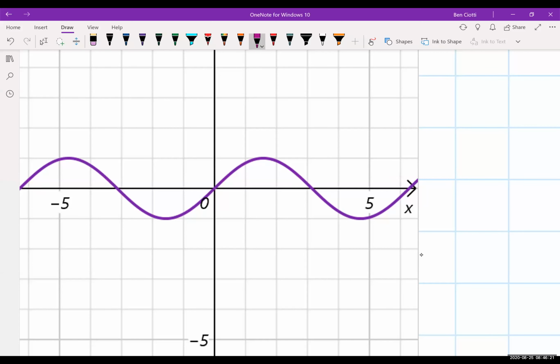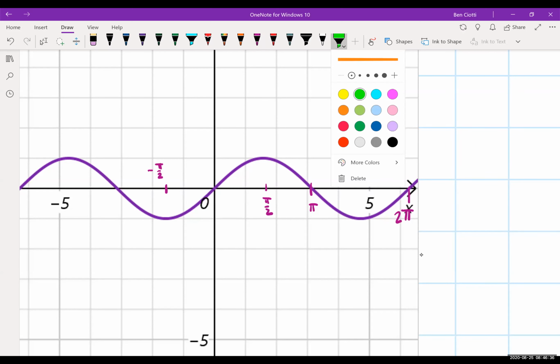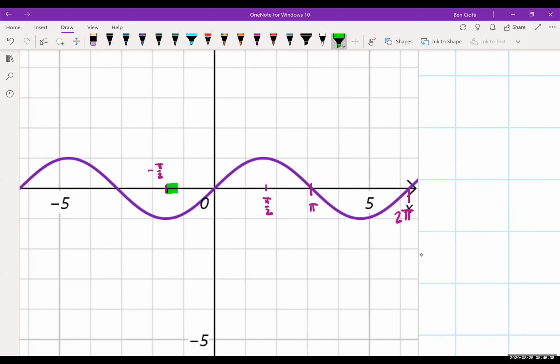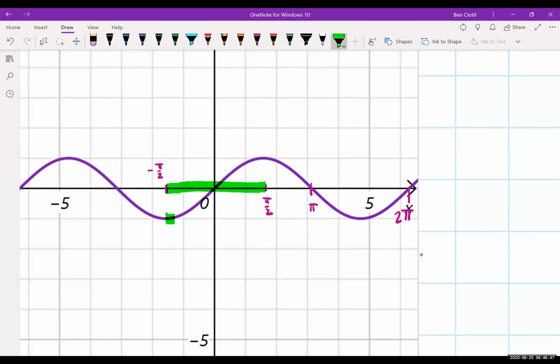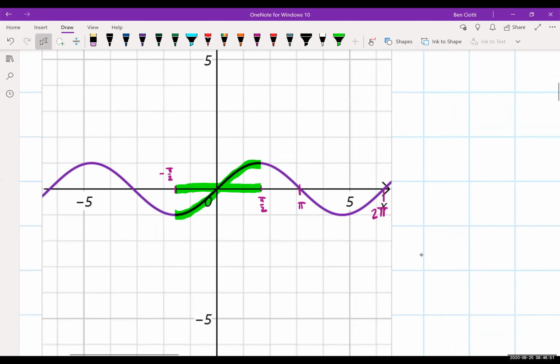So if you look closely at the graph of sine, it repeats every 2 pi. Here's pi. Here's pi over 2. There's negative pi over 2. Let's restrict it to lie between negative pi over 2 and positive pi over 2. In that case, the graph is just that green part.